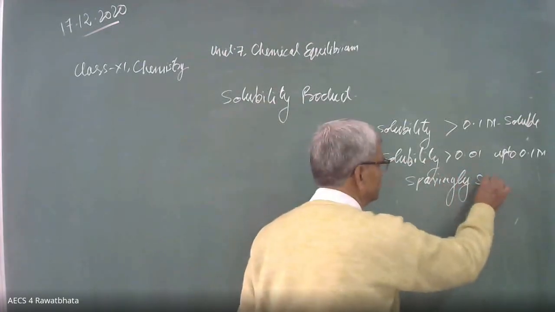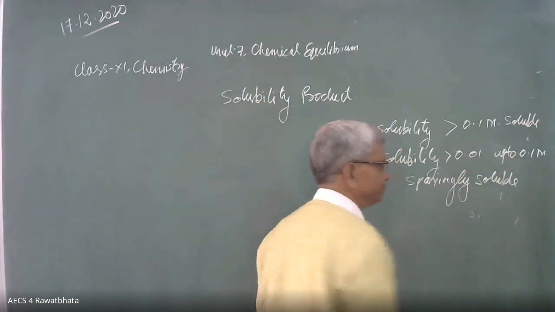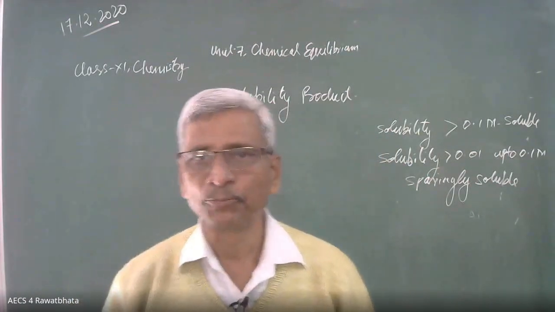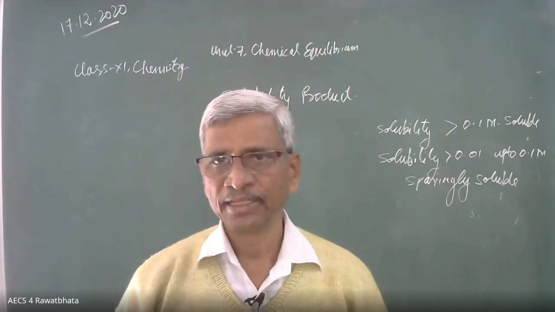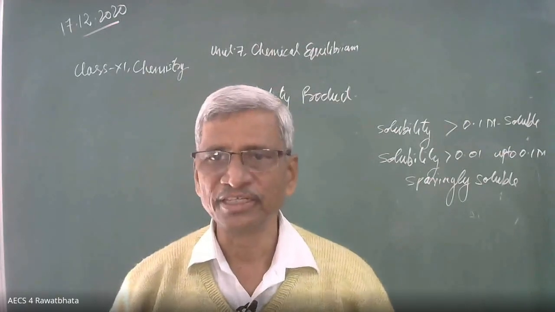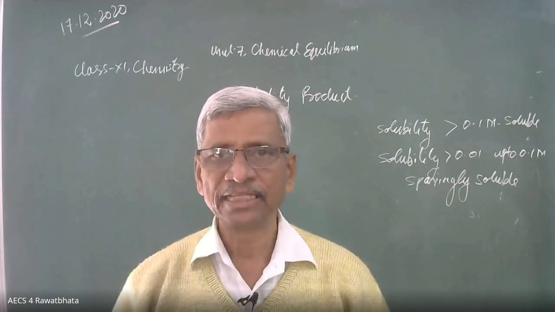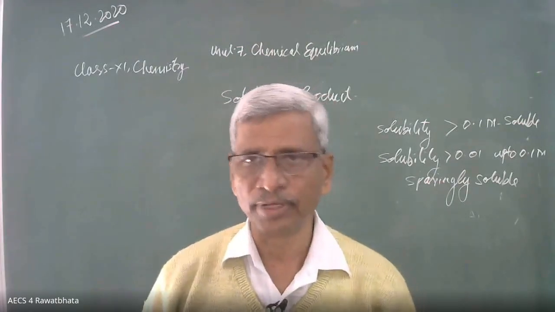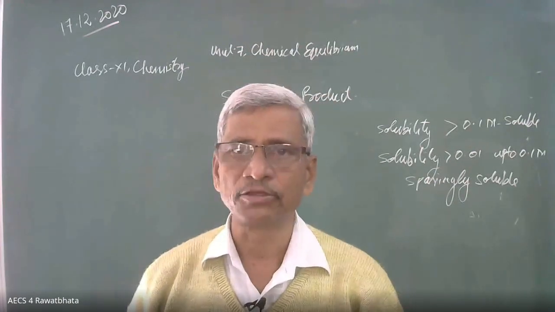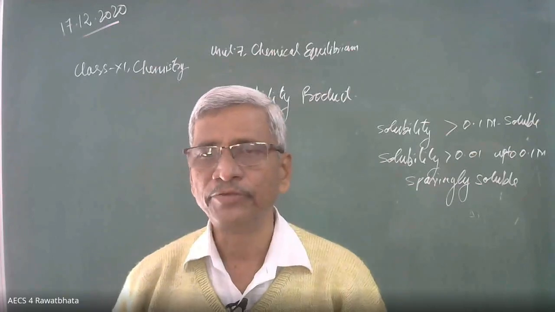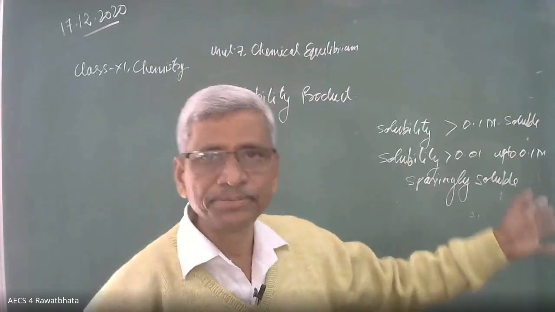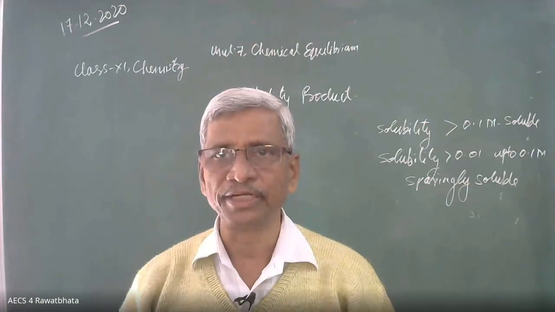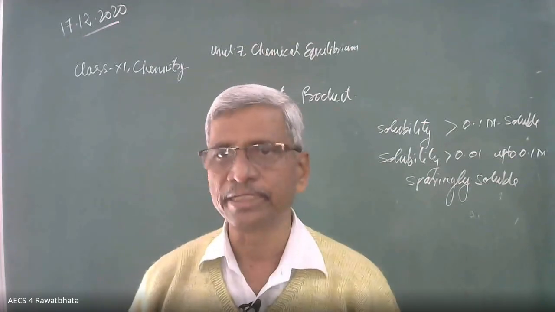When solubility is less than 0.01 M, it is said to be almost insoluble. This is the solubility range: which substance is called soluble, which sparingly or partially soluble, and which insoluble. On this basis, we decide whether it is soluble, insoluble, or sparingly soluble.